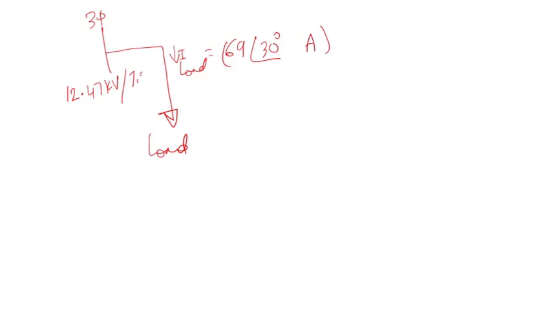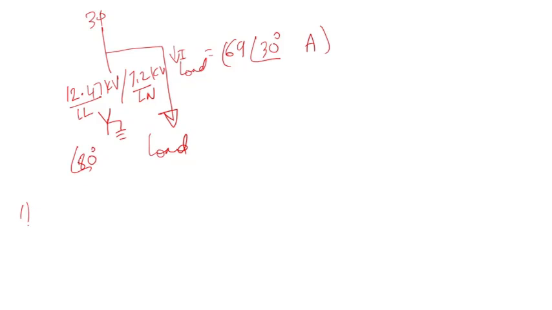And it's 7.2 line to neutral, so this is line to line, this is line to line, and this is line to neutral. And this is connected to a grounded Y load. And the angle of this voltage is 80 degrees.